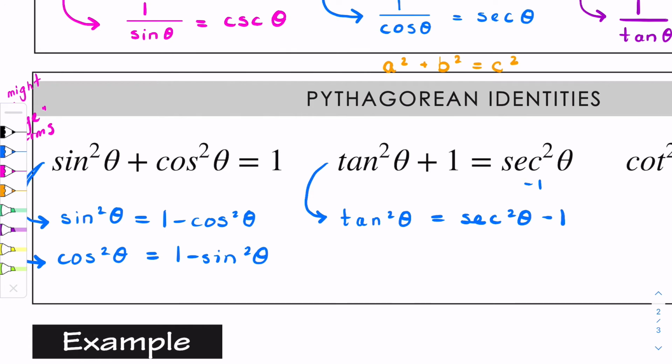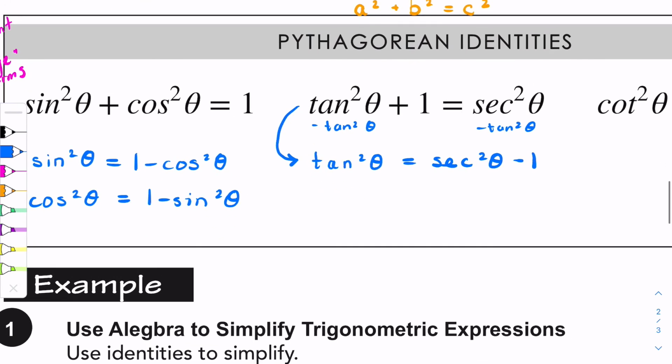Or we could subtract tangent squared from both sides. And we could say that 1 is equal to secant squared minus tangent squared. So our one identity just gave us two more.